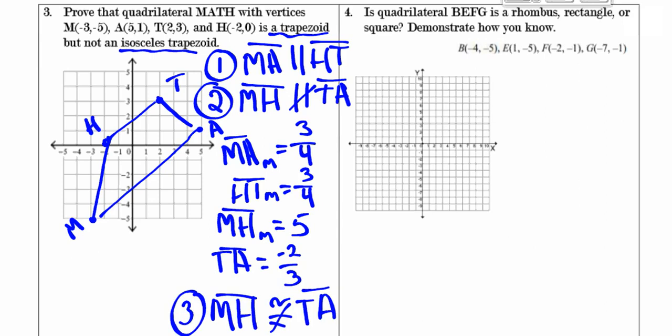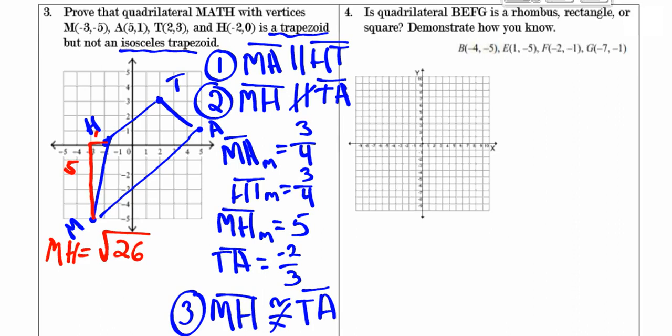Again, you could just use the distance formula with the coordinates if you want. I just think it's easier to think about this as a right triangle because you can really just directly count up 1, 2, 3, 4, 5 over 1. So it's a 5 by 1 right triangle, which means that it has a length of the square root of 26. That's MH.